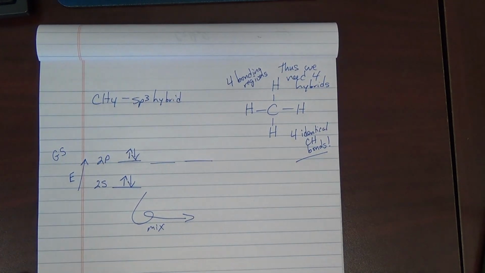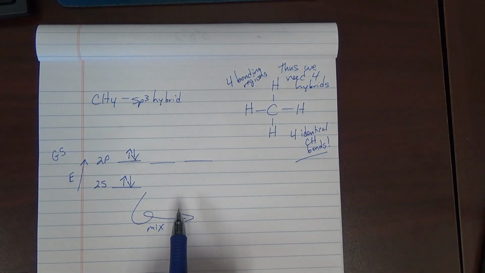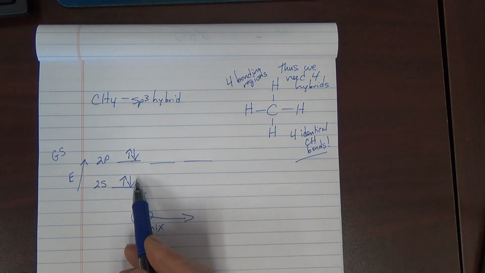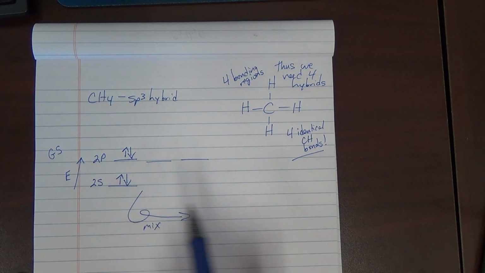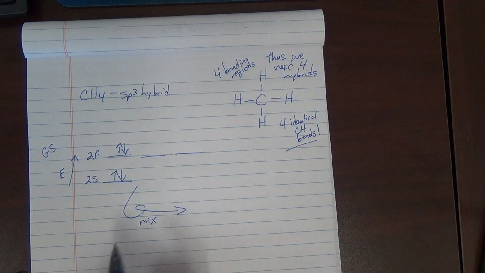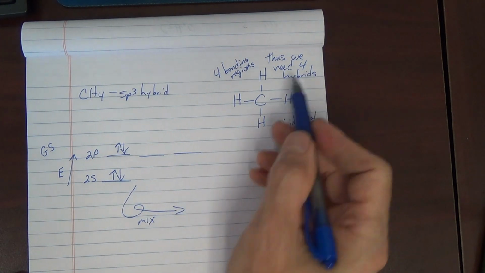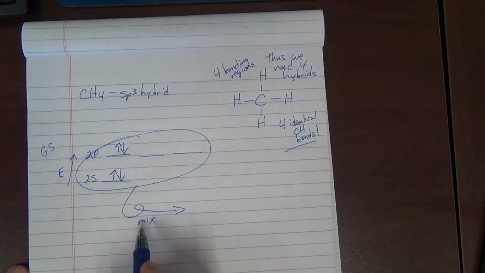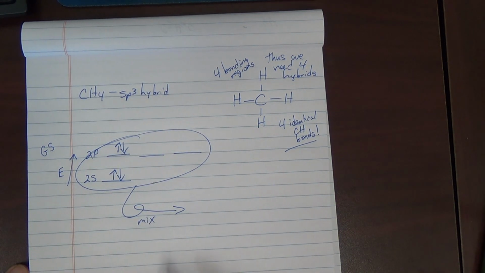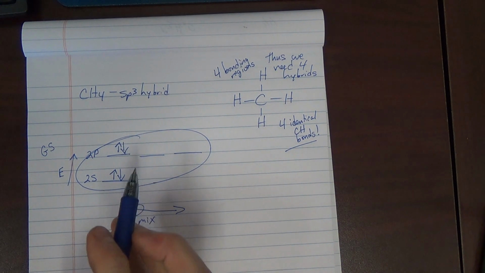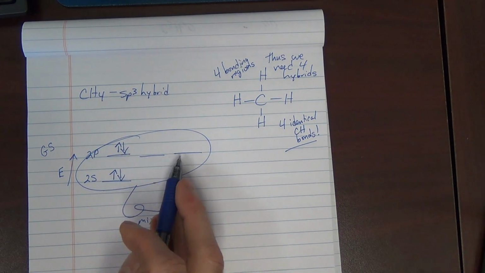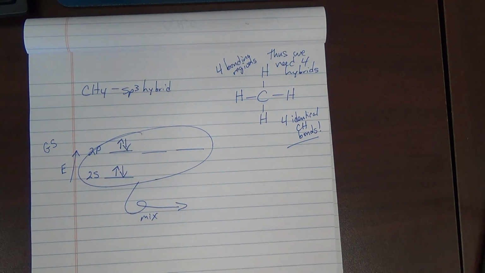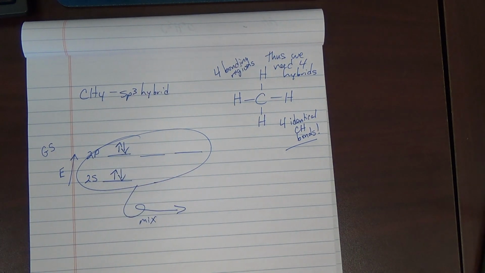Now, if you need 4 hybrids, how many of these original atomic orbitals do we need to mix? Well, the answer is simple and always the case. If you need 4, you need to mix 4. So all these are going to be mixed. Now I give you the analogy of mixing ice cream. We're going to mix 3 scoops of p orbital ice cream and 1 scoop of s orbital ice cream. 3 scoops of chocolate, 1 scoop of vanilla.